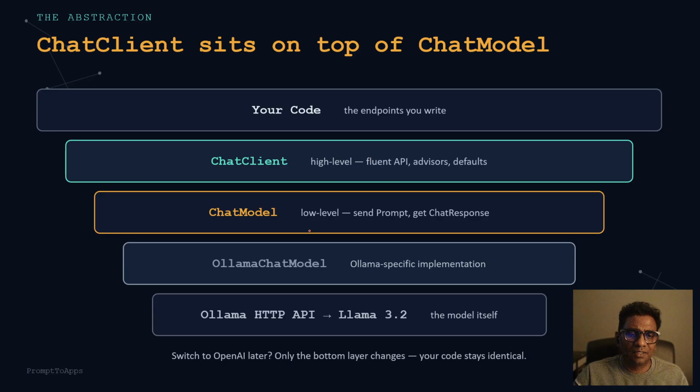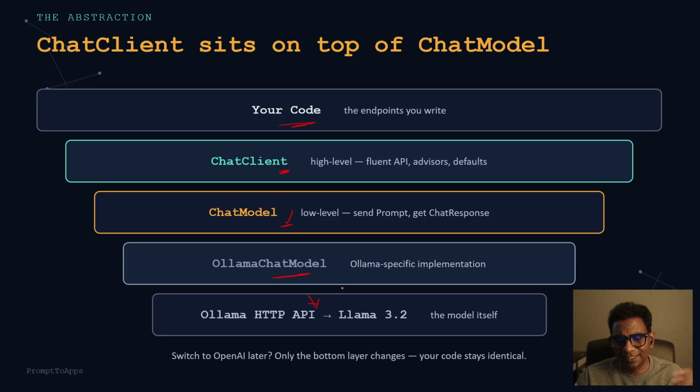Now, a very simple thing. The chat client is the library which sits on top of a chat model. We have our code which is going to call the chat client library, which is going to call the chat model, and in turn it is going to call the Llama chat model implementation, and it's going to call the Llama language model.